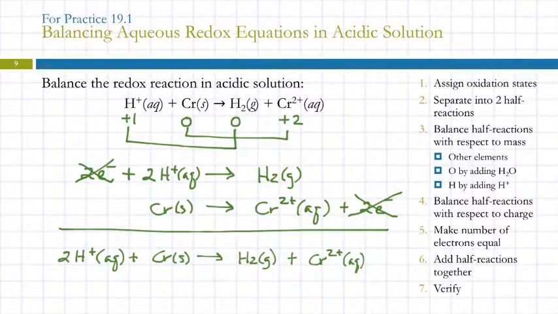So that one's a little simpler. Always double check at the end, make sure the charges and the masses balance. Step 7, verify. Any questions? That one was actually simpler than the first one.